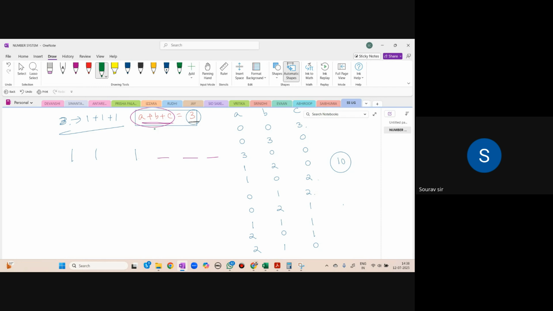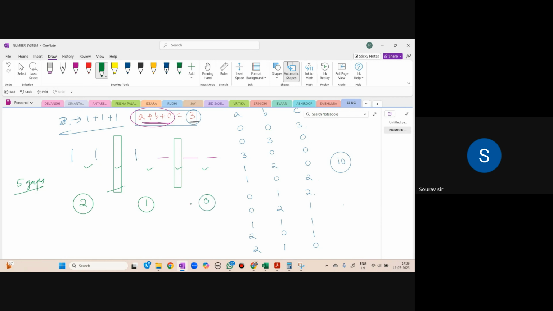To divide into 3 parts, I have 1, 2, 3, 4, 5 gaps. I take 2 rods and I put them into any 2 gaps that I want. So effectively, I have divided into 2, 1, and 0.